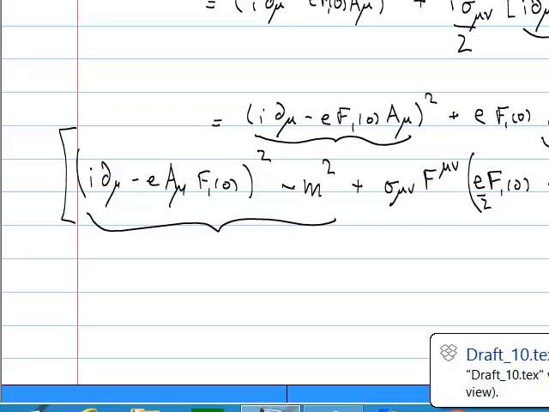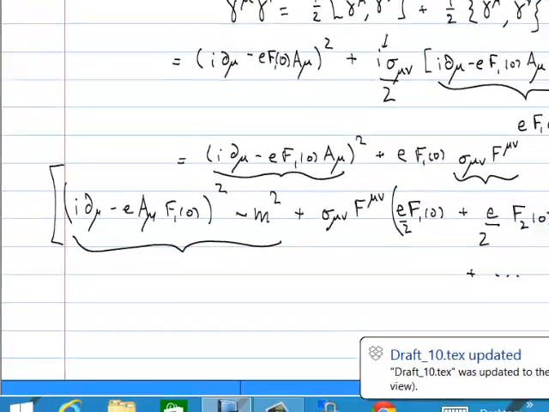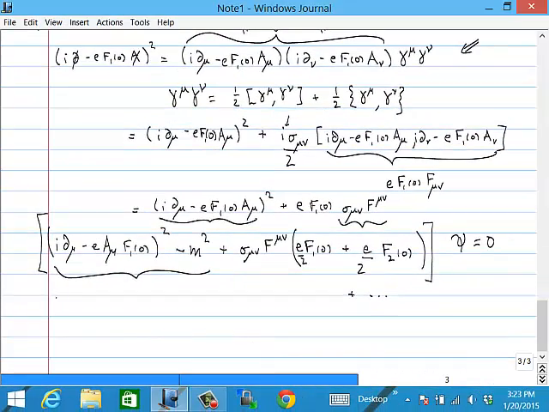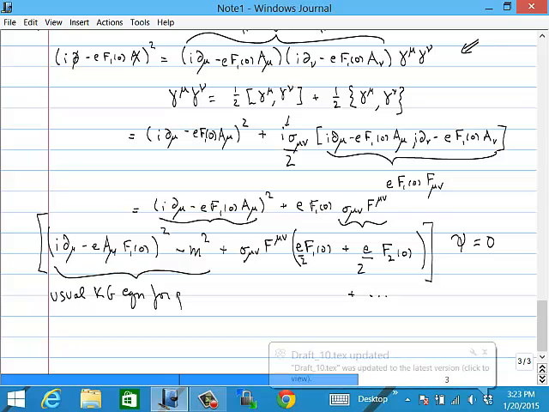Remember in quantum mechanics, when you describe a particle with charge moving in an electric field or a magnetic field, you take p and you replace it with p plus e times A vector, where A vector is the magnetic potential. This is exactly the same thing. So this quantity here is the usual Klein-Gordon equation for a particle of mass m and charge e.